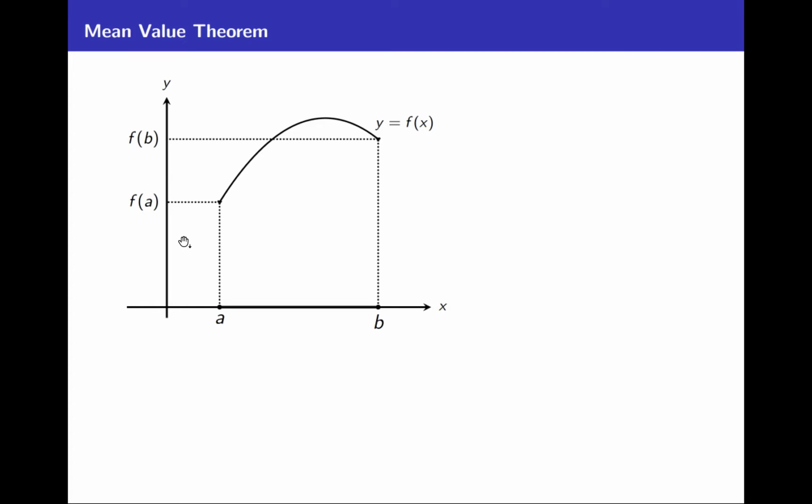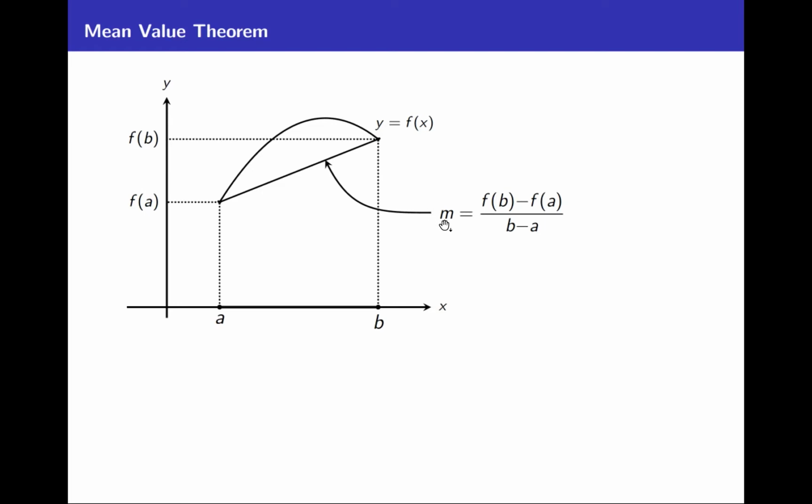Now in this picture, imagine connecting a straight line between the point a, f of a and b, f of b, as indicated here. And this straight line is going to be significant in the statement of the mean value theorem. In particular, take note of its slope.